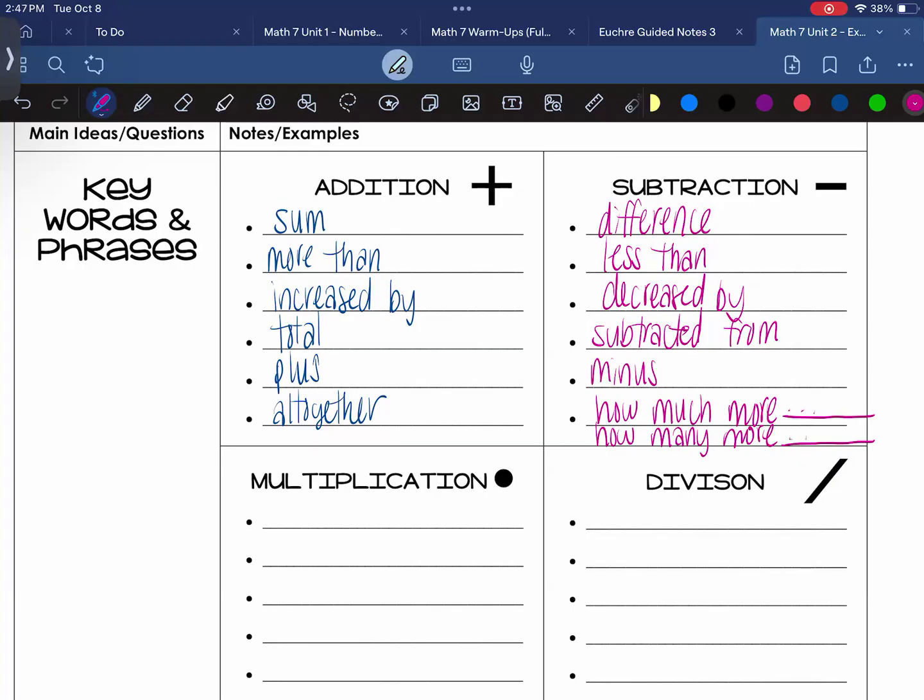So how many more apples did Chris have than Todd? Or how many less apples did Chris have than Todd? Sentences like that, okay? Go ahead and put a star by subtracted from and less than. We're going to go over that in a minute here.